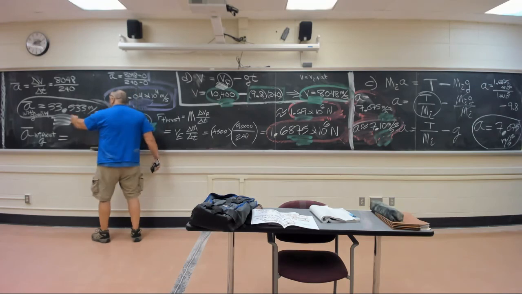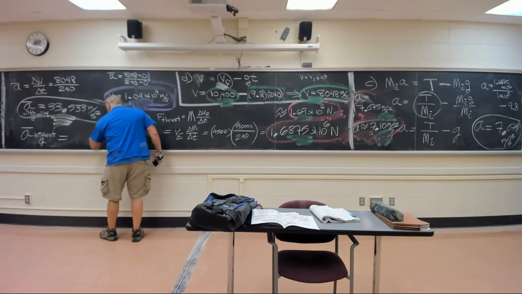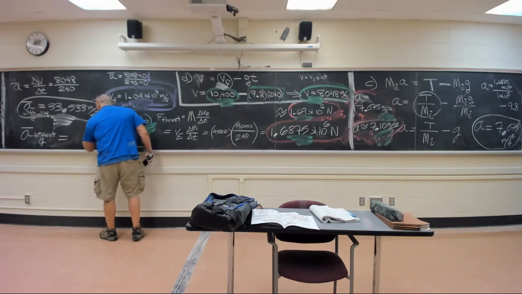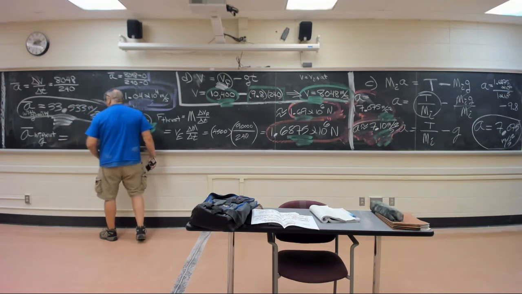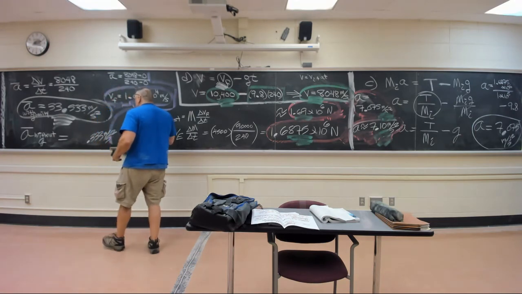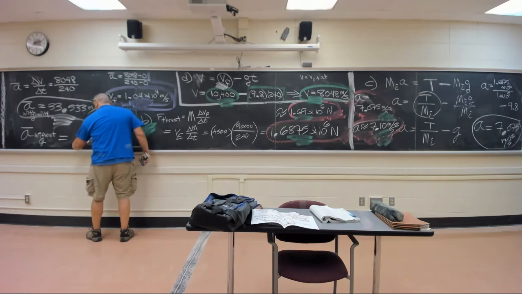Why don't you add 9.8 onto here? Last time I tried to do something in my head, it did not go right. This one will, I think. I'll show you. Adding 9.8 onto this guy is going to give 42.